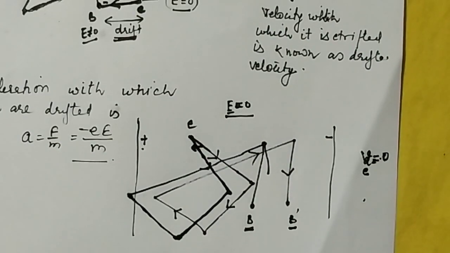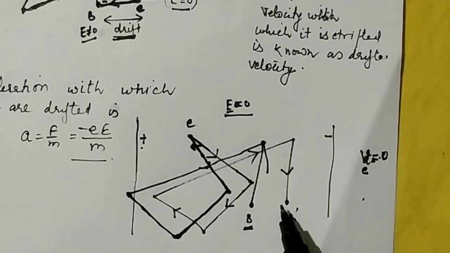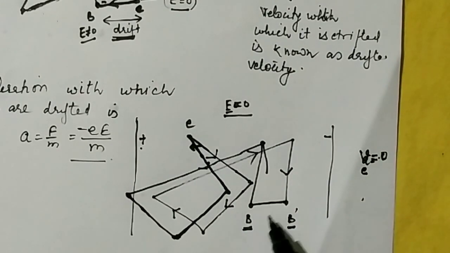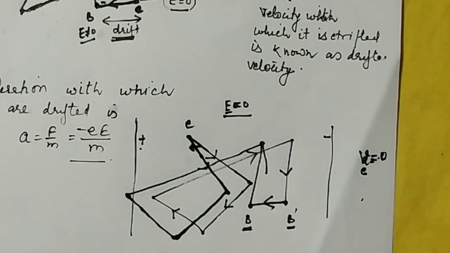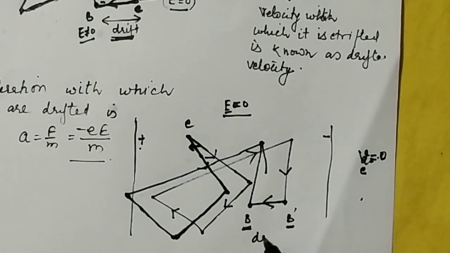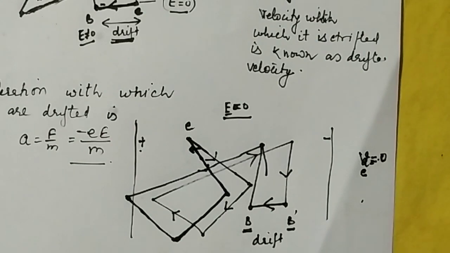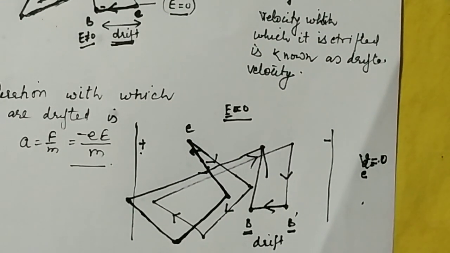Because of this electric field, the particle's position is B. This means the electron has been drifted along the positive terminal. This distance along the positive side is known as drift, and the velocity with which it is moving along the positive terminal is known as drift velocity.